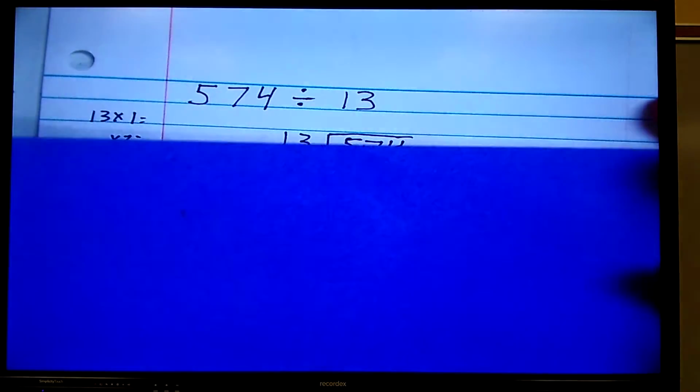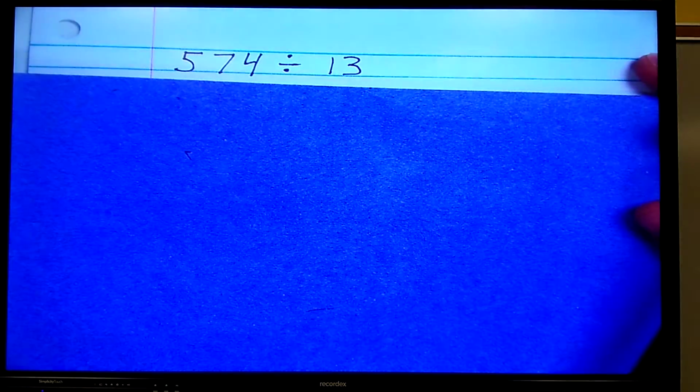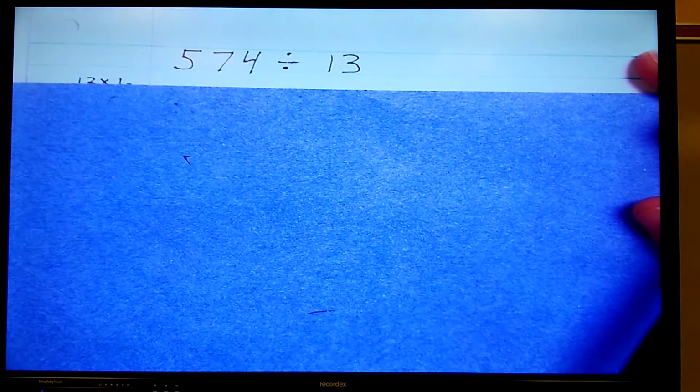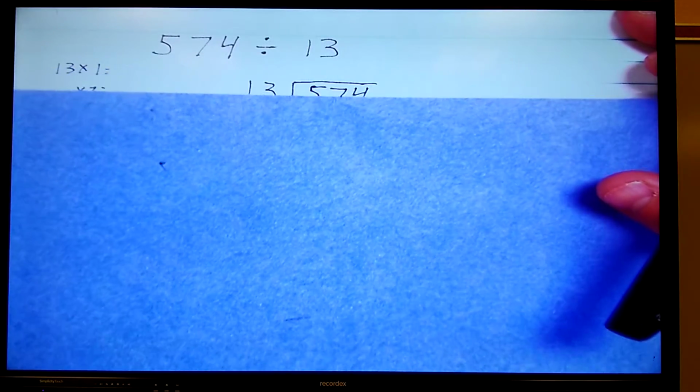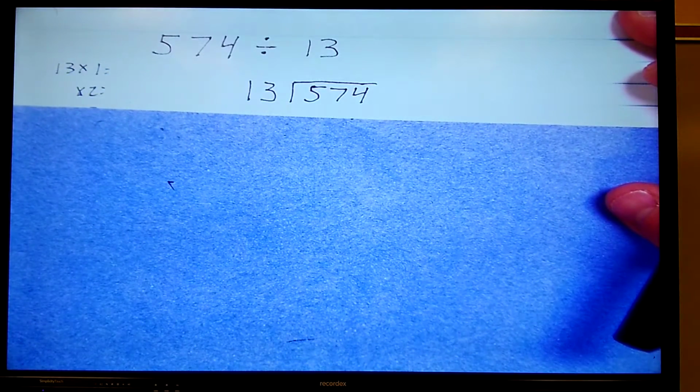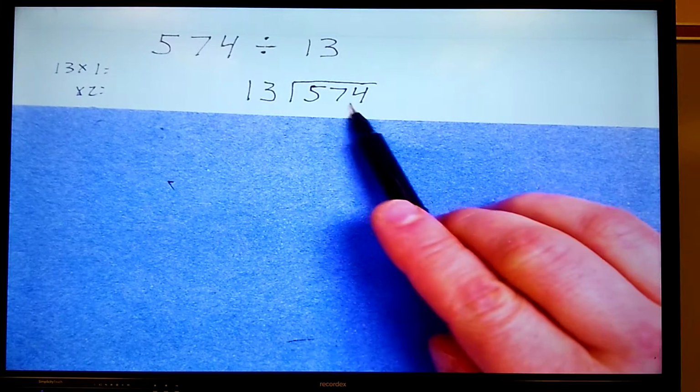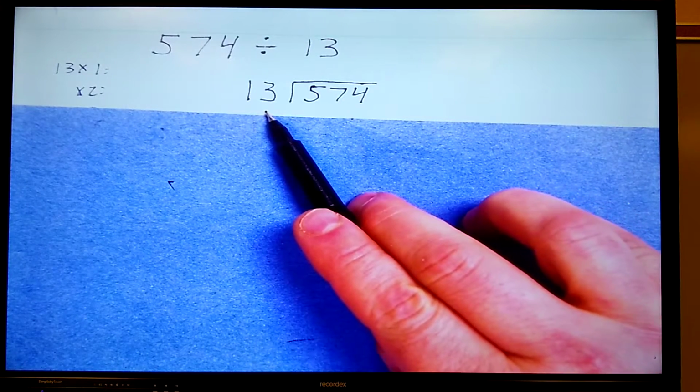All right, let's move on to some division practice on a sheet of paper. We're going to solve 574 divided by 13. This is what it looks like when you set it up. 574 is the dividend, 13 is the divisor.